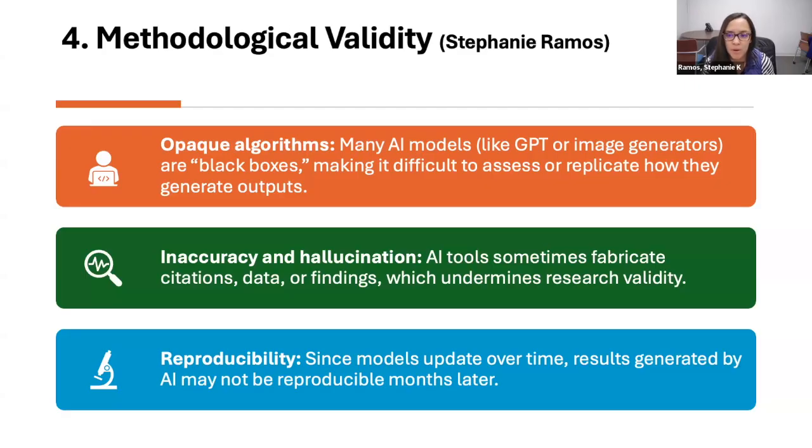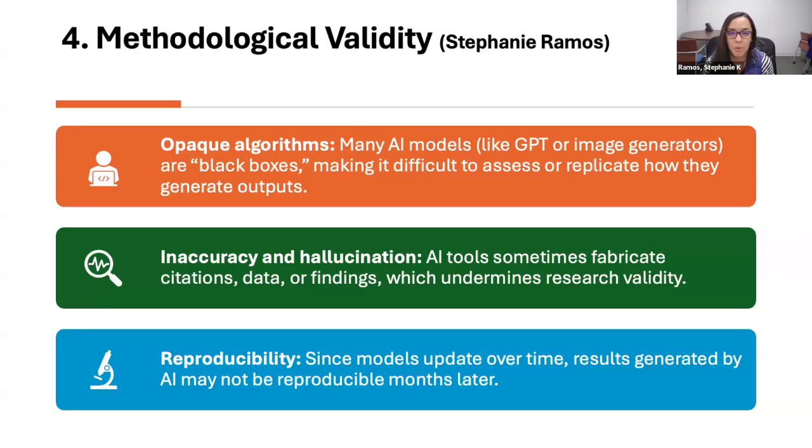So many AI models, including ChatGPT and other image generators, operate as black boxes, and researchers and just basic people cannot see or understand how these processes are working, how they're making the decisions that they're making behind the scenes. And this creates a lack of transparency, and it makes it really difficult to understand or assess how these outputs are generated. It's almost impossible to replicate the results.